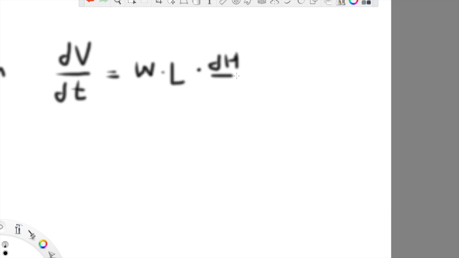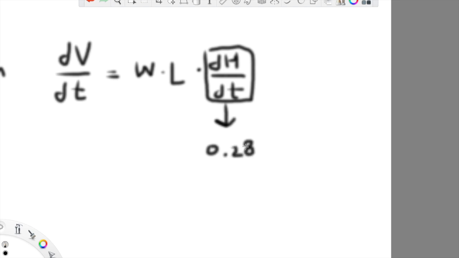The original formula is dV/dt equals width times length times dh/dt. Now all we have to do is plug in those variables that we know. dh/dt that we found just now was 0.28.